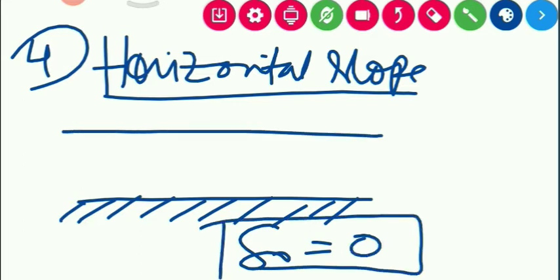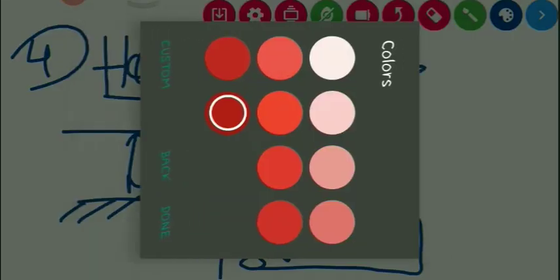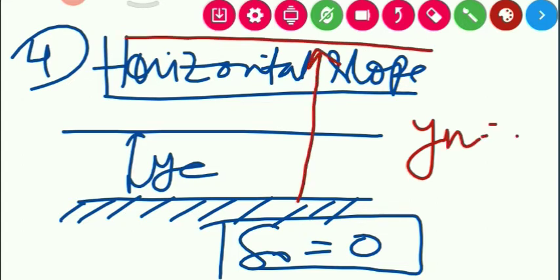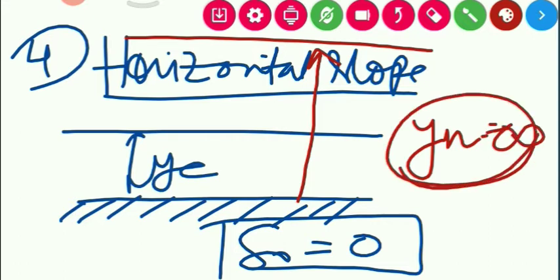If this is the critical depth yc, the normal depth of the flow will be infinite, because you cannot assume what the normal depth will be. It will be lying at a very far distance from this critical depth, so we can assume that the normal depth of the flow will be at infinity. So this is the horizontal slope.